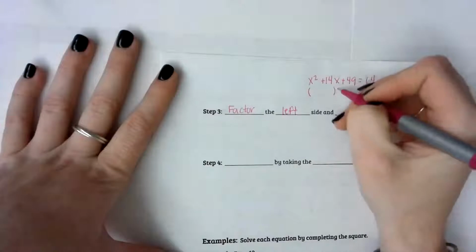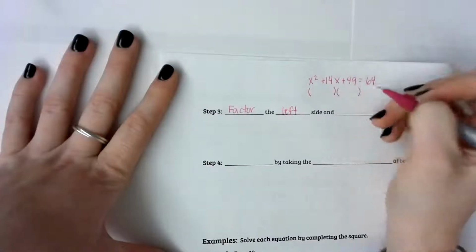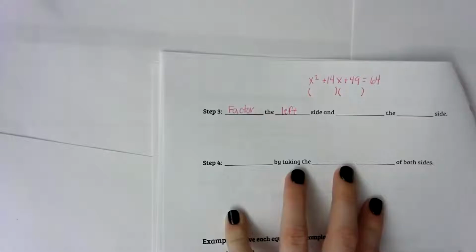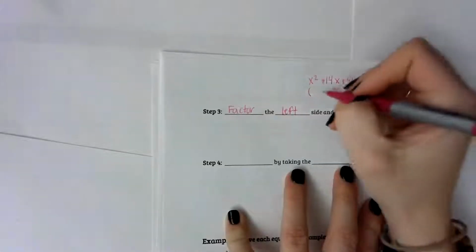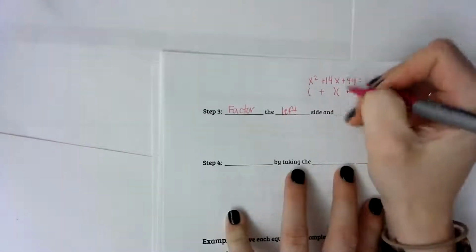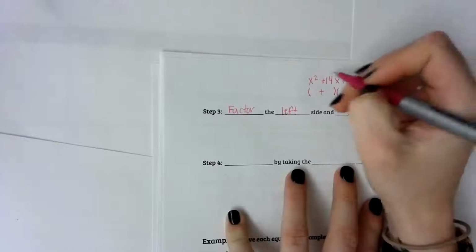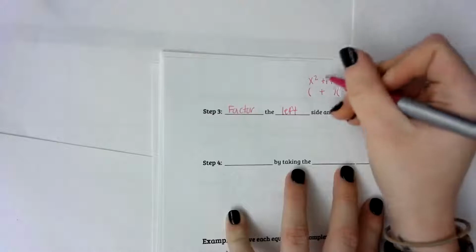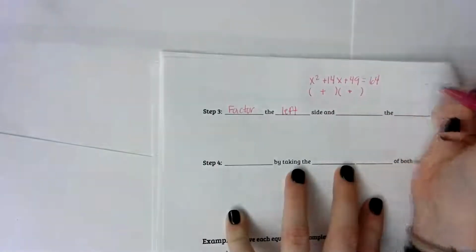So if I factor this, they've both got to be plus, because it's a plus C, or they both have to be minus, but the B term is plus.